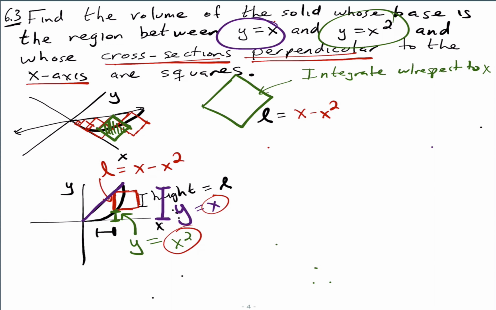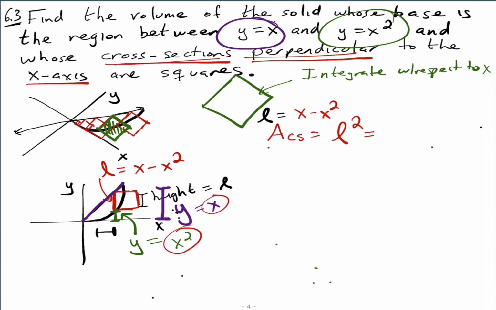Now notice, is that what I was hoping to get? It was, right? Because what did I say earlier? I said I wanted to integrate with respect to x, right? So then this is good, right? I don't have to change it or anything like that. So then what is the area of the cross-section? Since it's a square, it's going to be the length squared, right? Okay. So see, this is really the only difference.